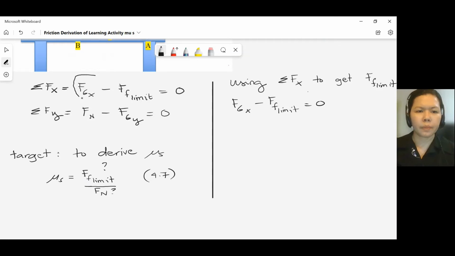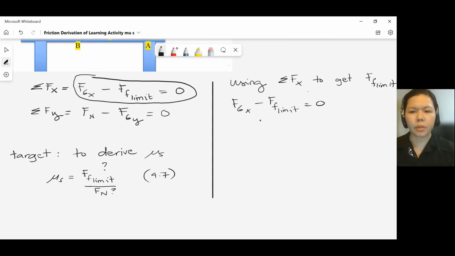We want FF limit to be positive, so transfer to the other side. We have Fg sub x equals FF limit.